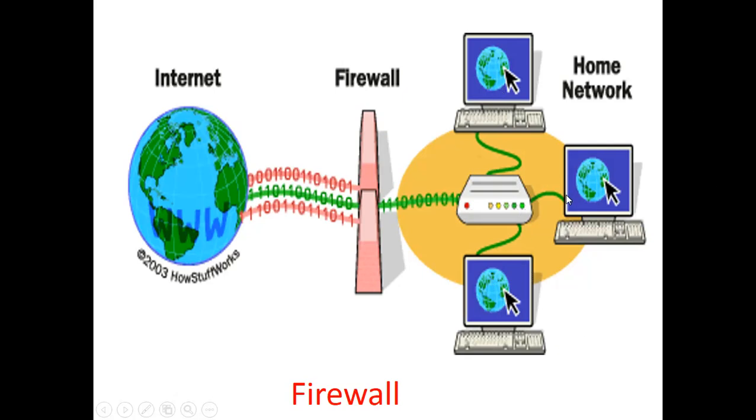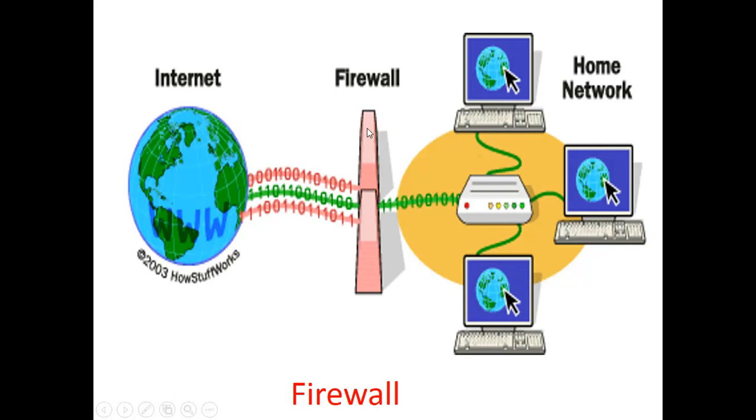It does not have any illegal type of data handling. But here different types of cyber criminals are present, and these criminals try to hack our network. They always try to send some illegal, unauthorized data from their network into our network.